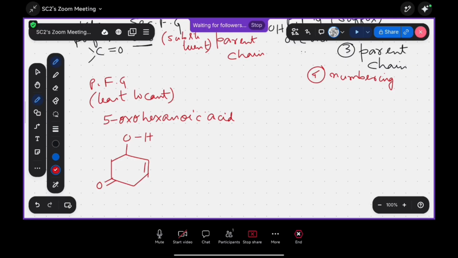So obviously again we can see that there are 2 types of functional group. One is the OH functional group and the other one is the ketone functional group. This is the ketone functional group and this one is the alcohol functional group.